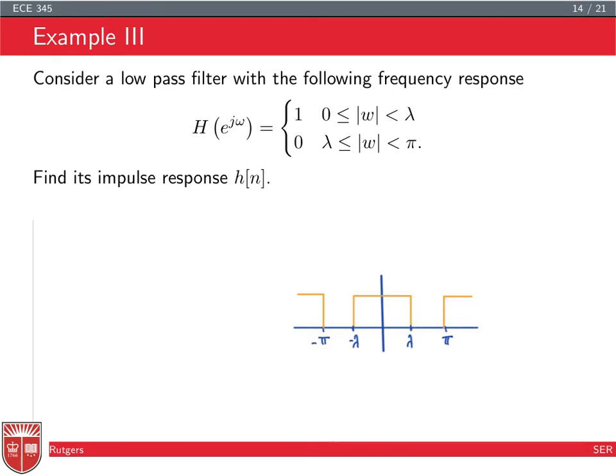Like I said, we usually just plot the DTFT in the interval from negative pi to plus pi, but what we mean is that it's actually being repeated to infinity, every 2 pi.